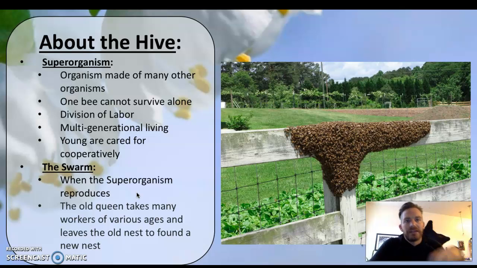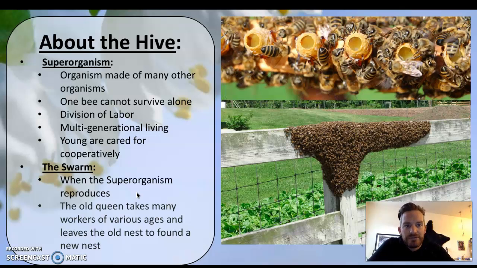Meanwhile, back at the old hive, the bees will realize after a few days that they've lost their queen and many of their workers. So the workers that are left will begin to create these. Do you remember what these are called? Queen cells.